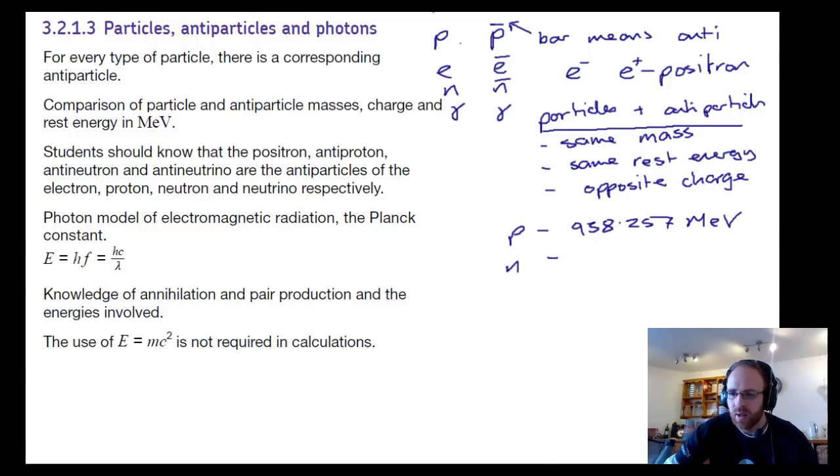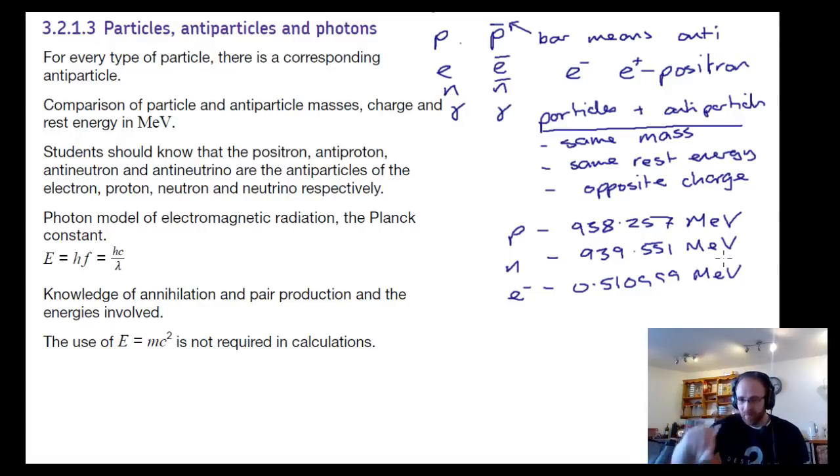Neutron, hopefully, is in there: 939.551 mega electron volts, and then an electron 0.510999 mega electron volts. So that's times 10 to the power 6 electron volts.